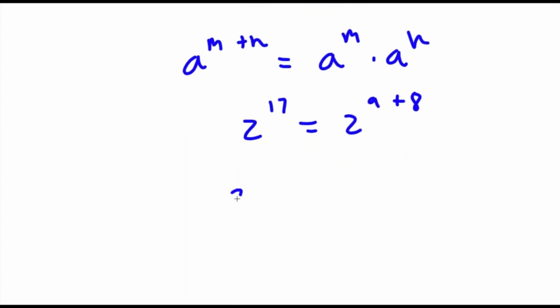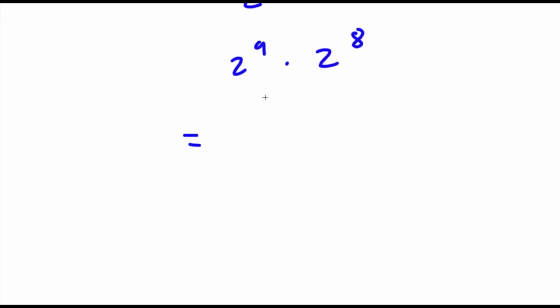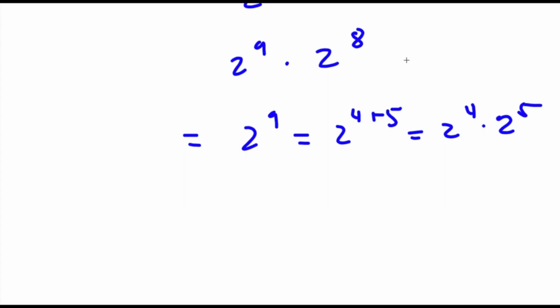So this would equal 2 to the power of 9 times 2 to the power of 8. Now, 2 to the power of 9, this is equal to 2 to the power of 4 plus 5, which is equal to 2 to the power of 4 times 2 to the power of 5. So 2 to the power of 4, this is 16, times 2 to the power of 5, this is 32.